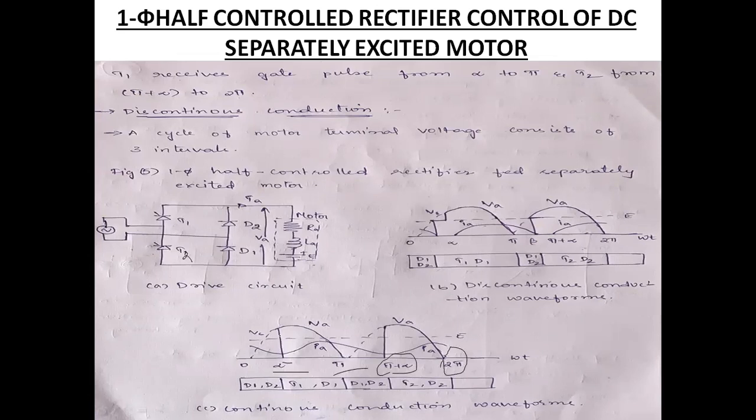At the interval alpha to pi, T1 gets firing pulses, so T1 will be on. And from pi plus alpha to 2 pi, T2 will be getting firing pulses and T2 will be on.